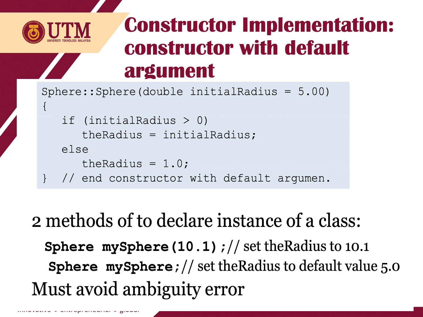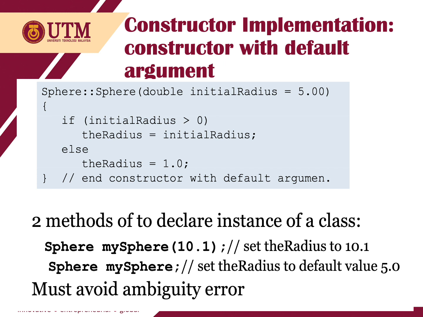There are two methods to declare an instance of a class. The first one, Sphere mySphere, is the constructor with default argument, because we assign a value.